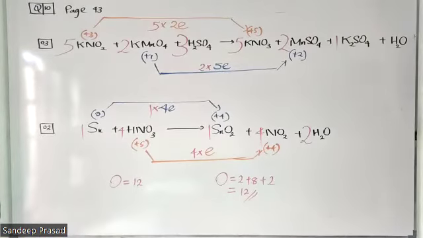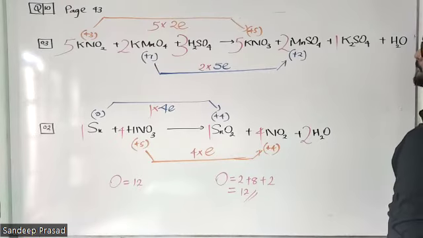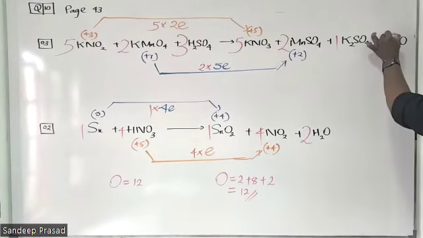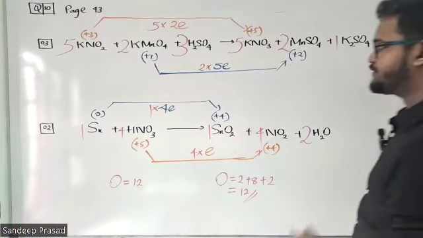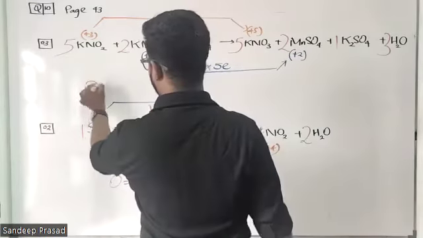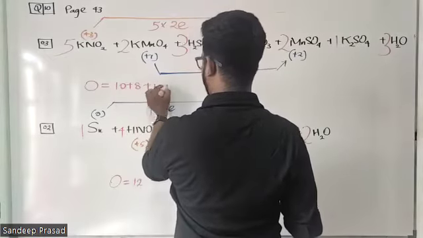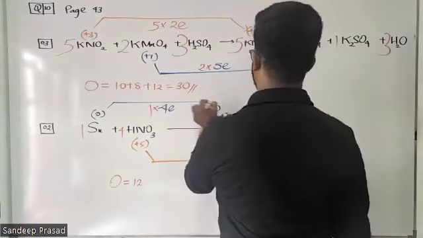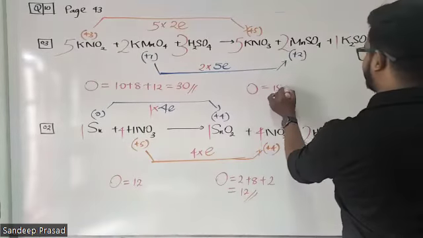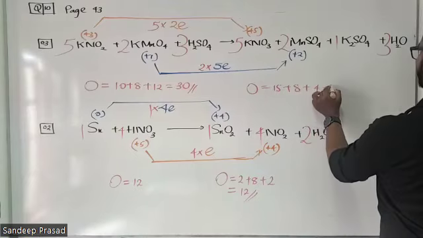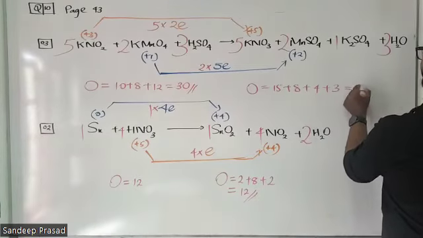Then how many hydrogen atoms are there? 6. Put here 3. In order to check whether the reaction is balanced or not, count the oxygens. 10 here, 8 here, 12 here, 30. 15 here, 8, 4, 3, 15, 30.